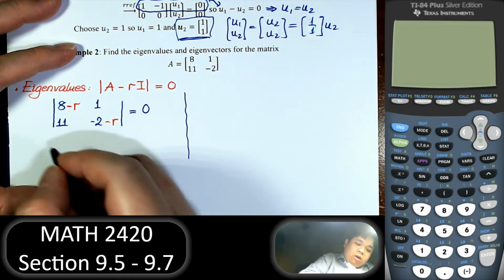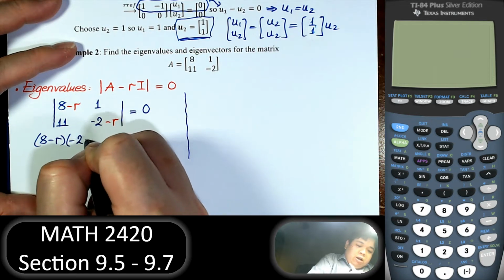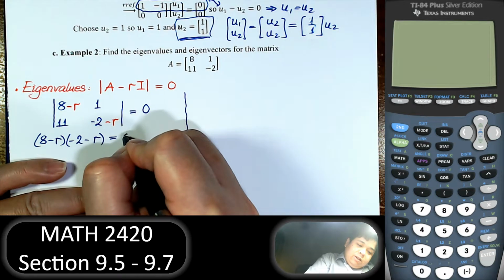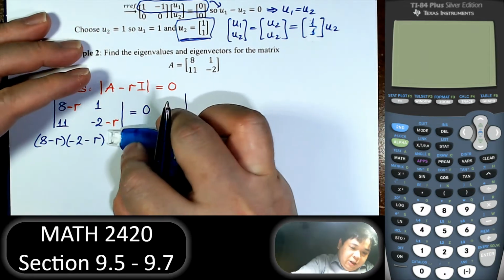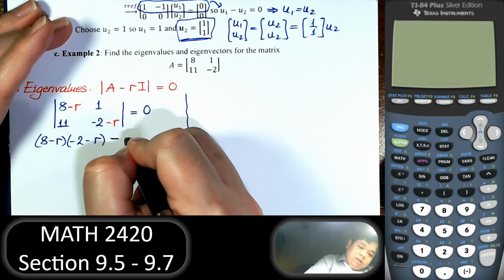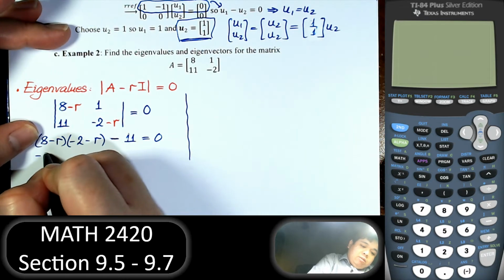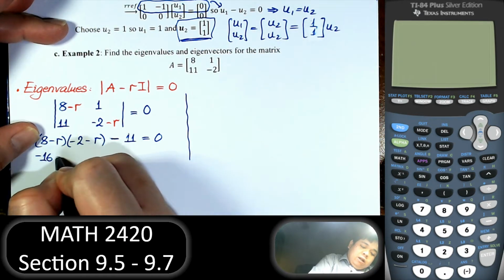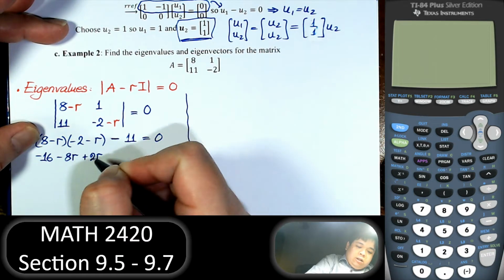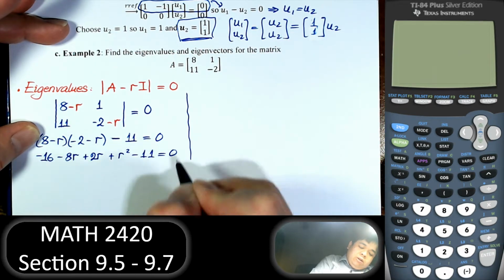So cross multiply 8 minus r, negative 2 minus r, and then subtract the other direction, equal to 0. Now we multiply them out. Negative 16, negative 8r, plus 2r, plus r squared, minus 11 equal to 0.